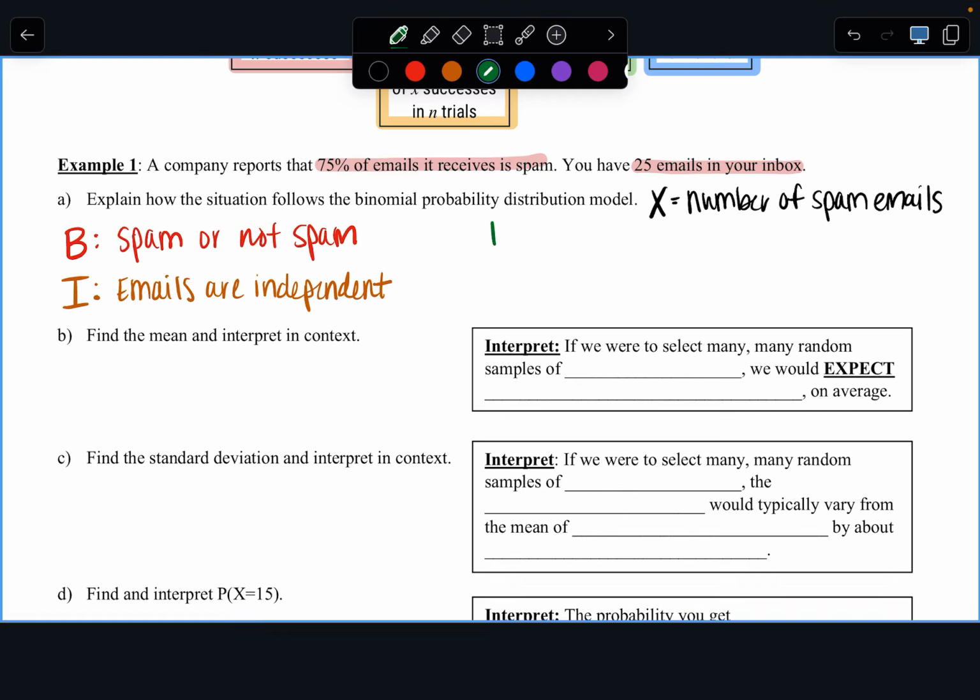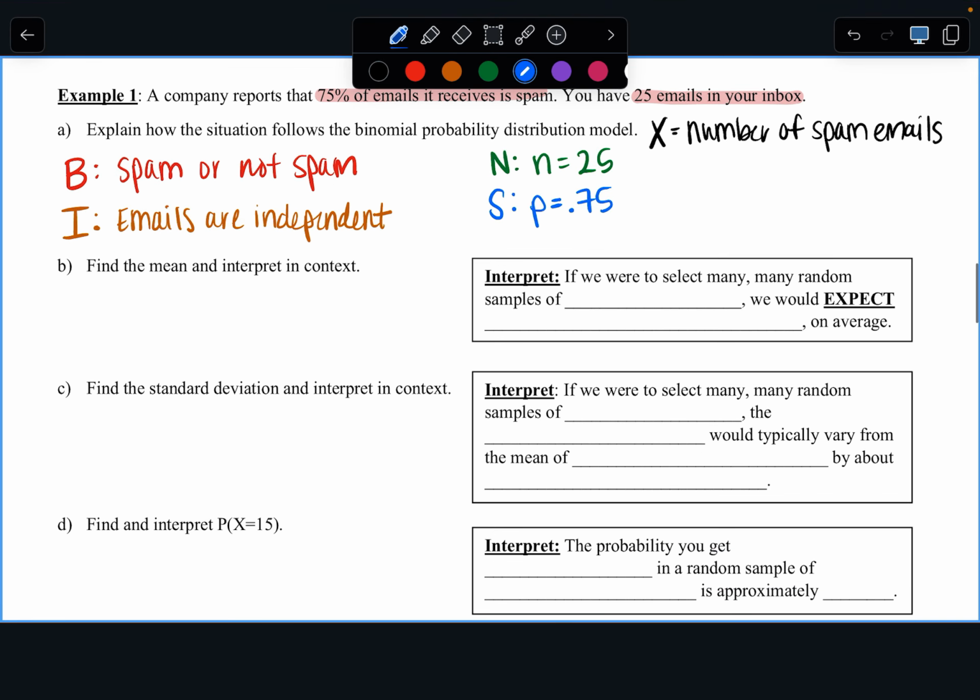And then N is your fixed number of trials. We have 25 emails that we are considering, and P is your same probability. Our P is going to be 0.75. There's a 75% chance that each of these emails is spam.